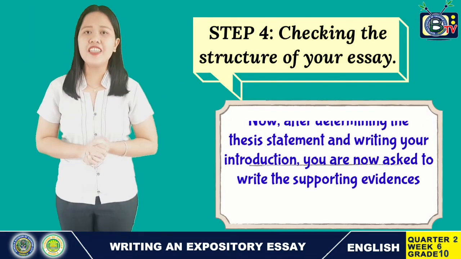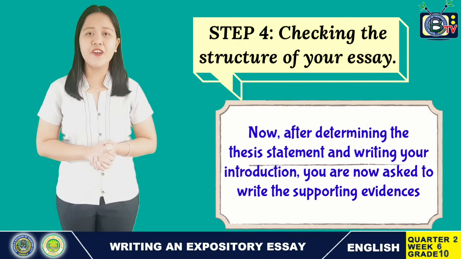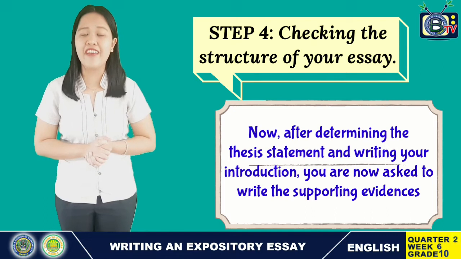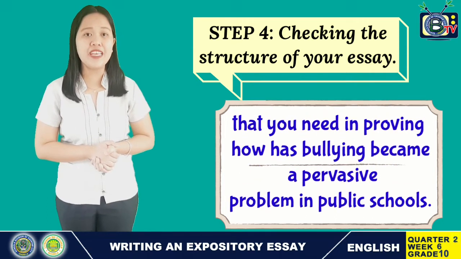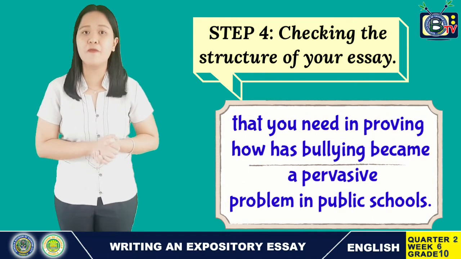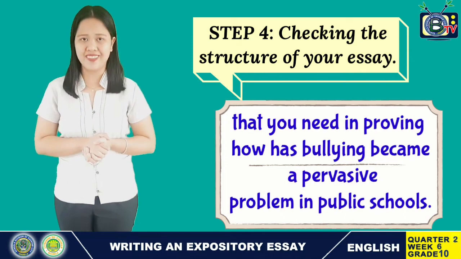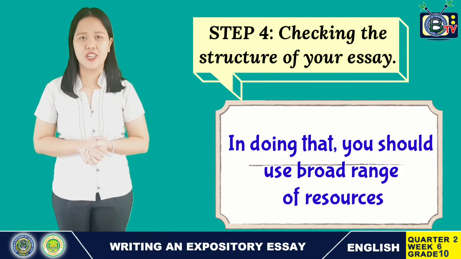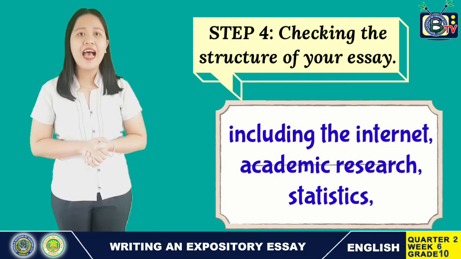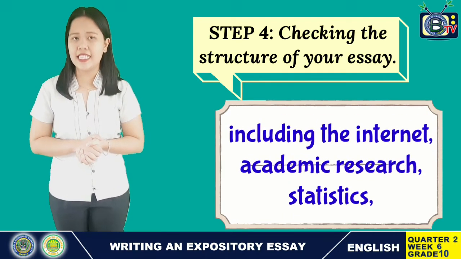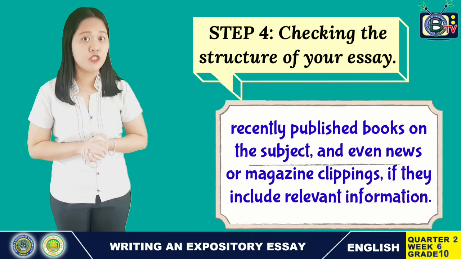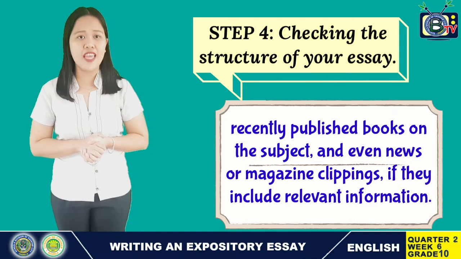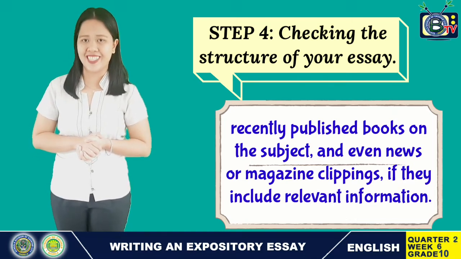Now, after determining the thesis statement and writing your introduction, you are asked to write the supporting evidence that you need in proving how bullying has become a pervasive problem in public schools. In doing that, you should use a broad range of resources including the internet, academic research, statistics, recently published books on the subject, and even news or magazine clippings if they include relevant information.